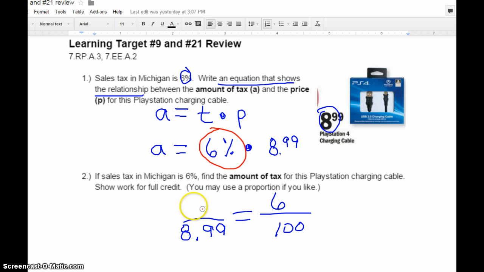Here's my missing value. So I take this cross product, I multiply, and then I divide by 100, and I'll get the same amount, 0.5394, which I'd round to 54 cents. And I'm including labels because I want a 4.0 on my quiz. Alright, moving on.